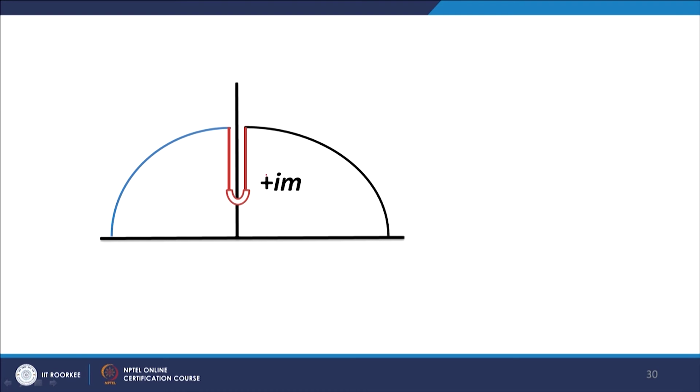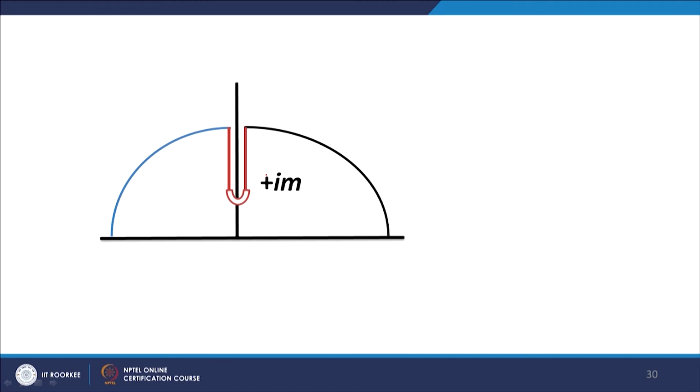We have to somehow move across this branch cut. We do not want to encompass that branch cut within our integration contour, and therefore, we take a contour of the form which is shown in the diagram. So, this is how the contour integration is to be carried out.